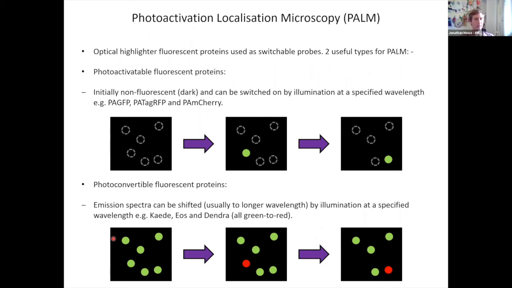And then you move on to the next frame, essentially, where hopefully another molecule somewhere else will be converted to the red form, and then you can image that one. So, although the way in which you achieve the monodispersed state is different, the principle is the same for both photoactivatable and photoconvertible fluorescent proteins.